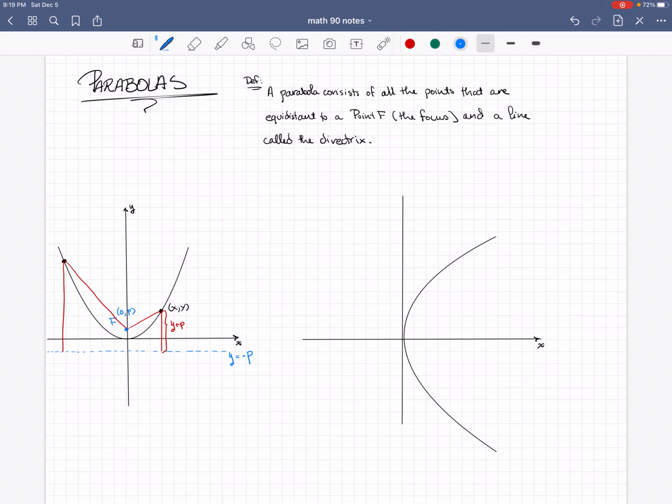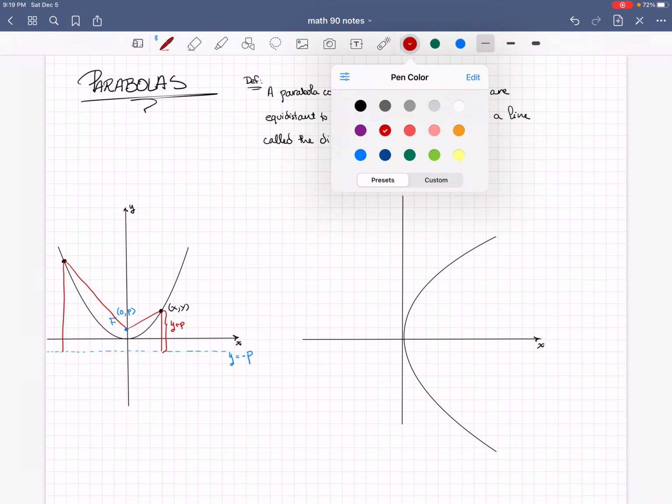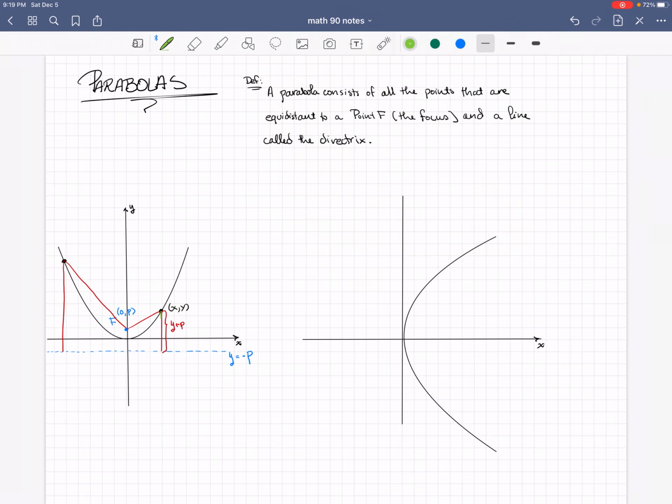And if you look at the length from the point (x, y) to the focus, you can see that just like with the circle example, you can draw a right triangle. The right triangle that we will draw will look like this. A line like so, and a line like so.